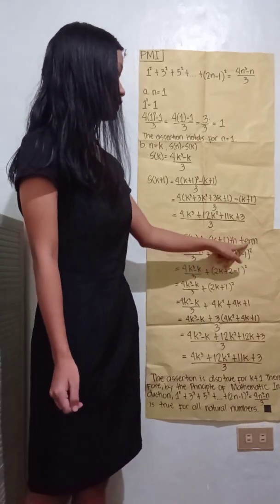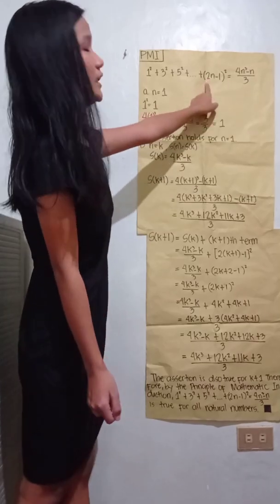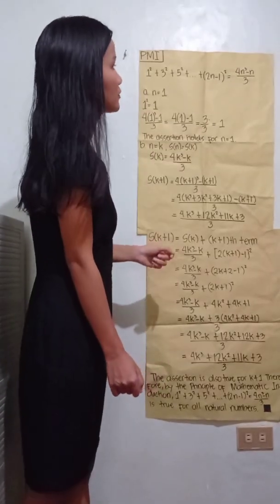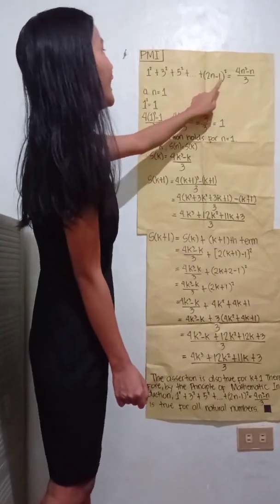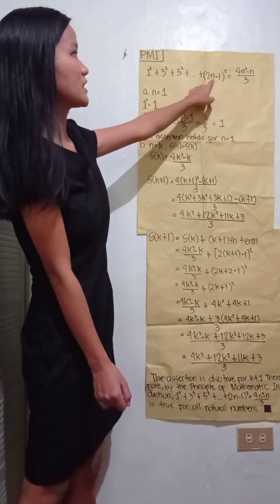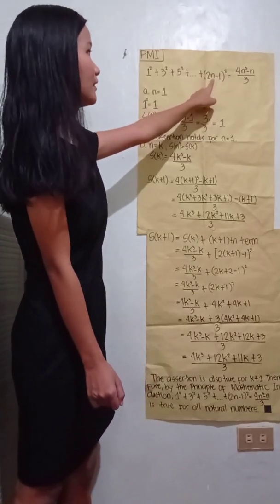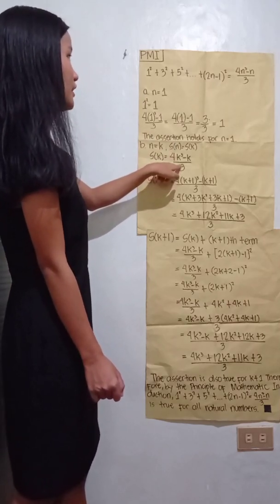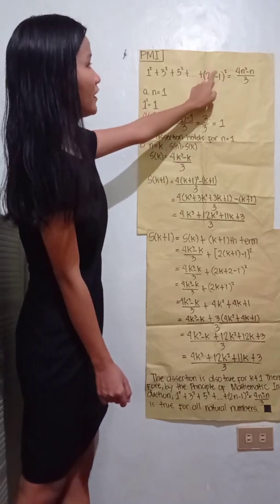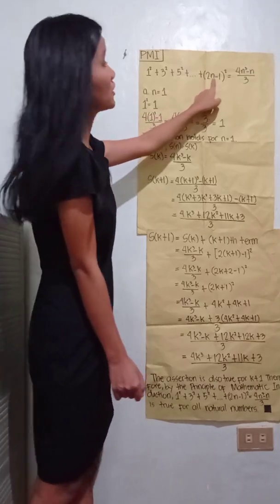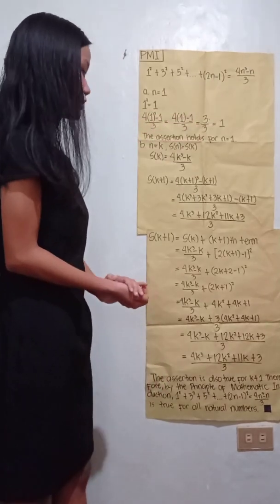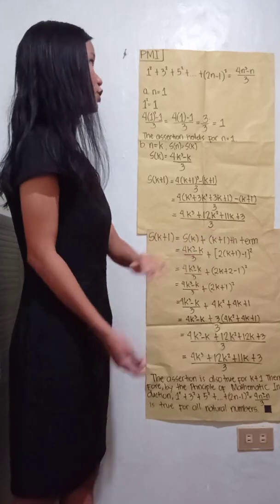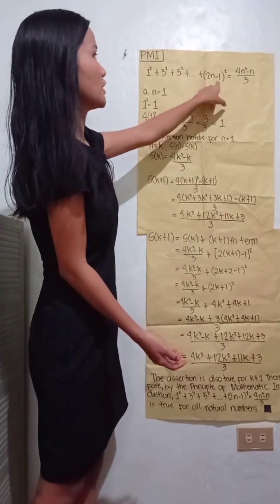The k plus 1 term is the term that is next to this one. We need to remember that n will be substituted by k plus 1. That is what the k plus 1 term means: the term next to this one.